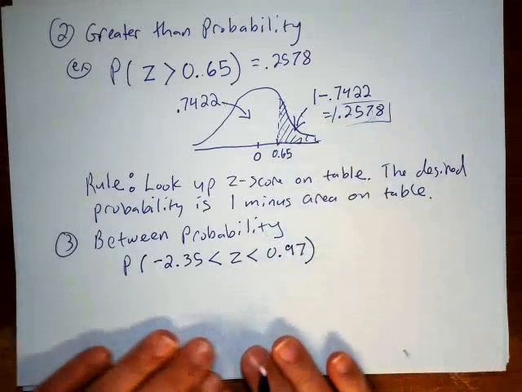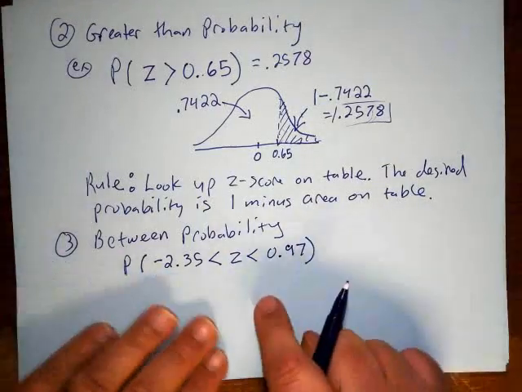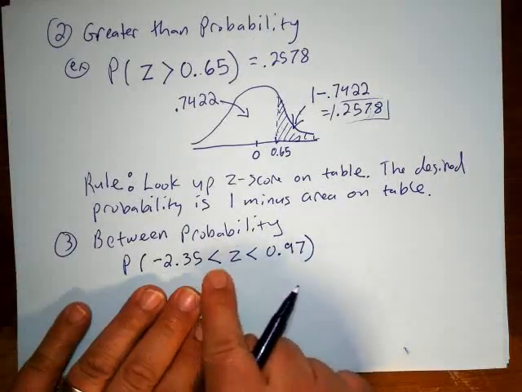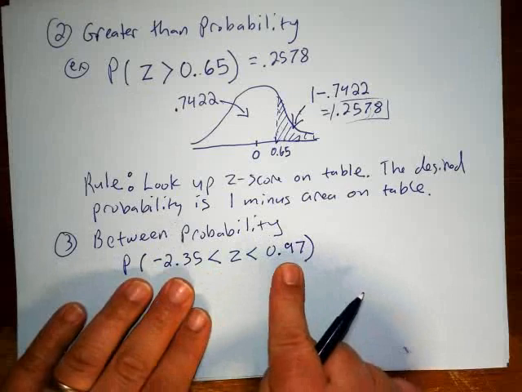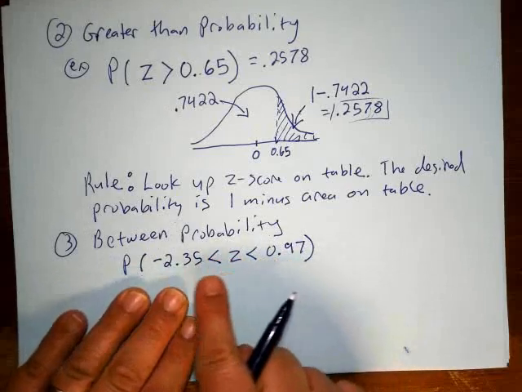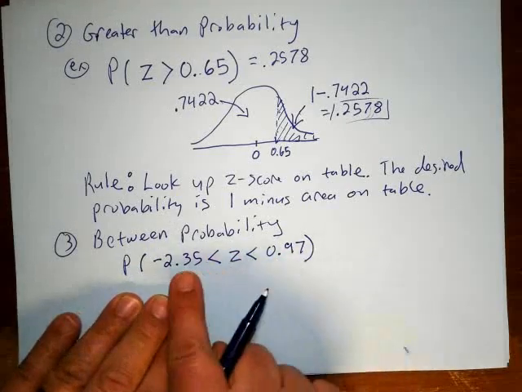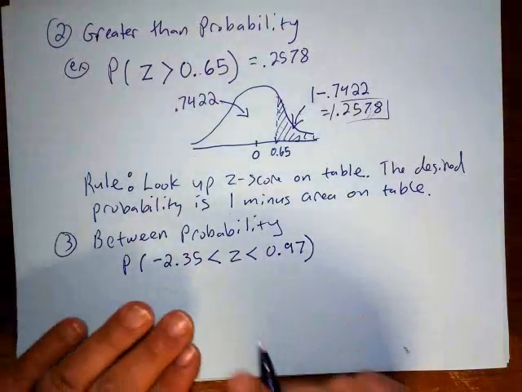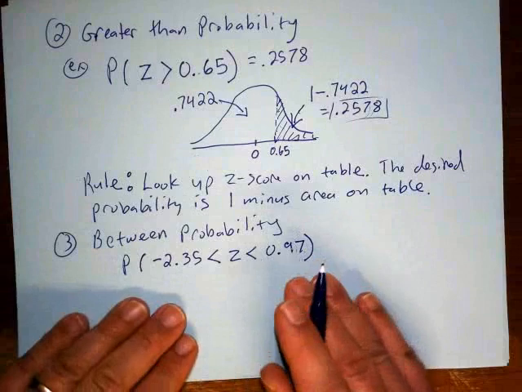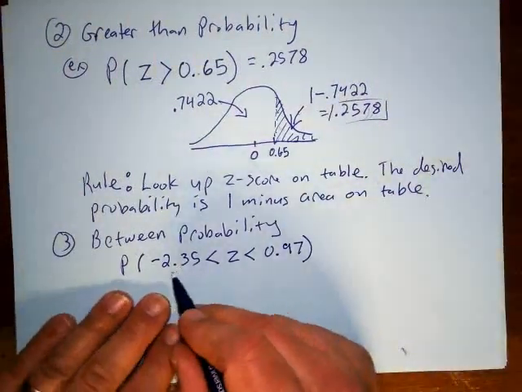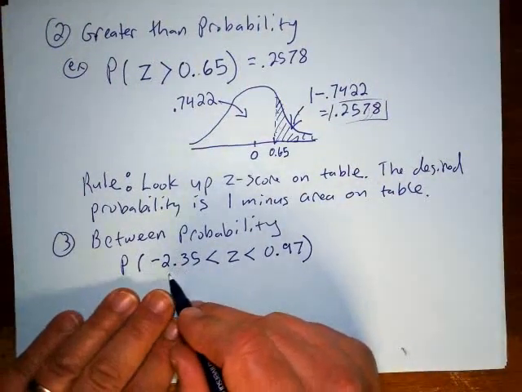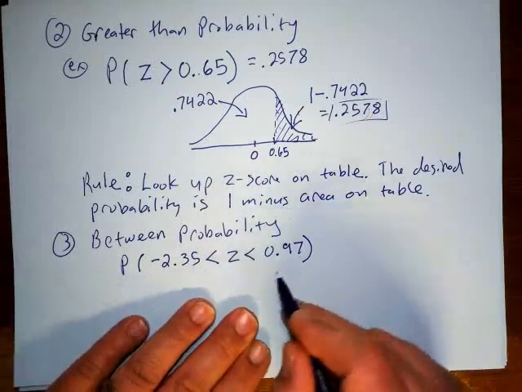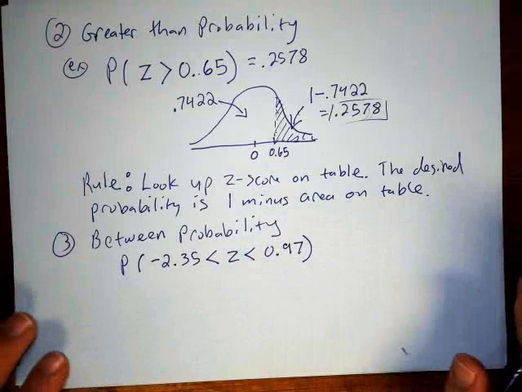The way you write between is with two less than signs. Don't try to figure out "this is less than z is less than that," because that gets confusing. If I want to say between, I do the lower one on the left, put a less than sign, put z, put a less than sign, put the upper one. And that's how you write between.